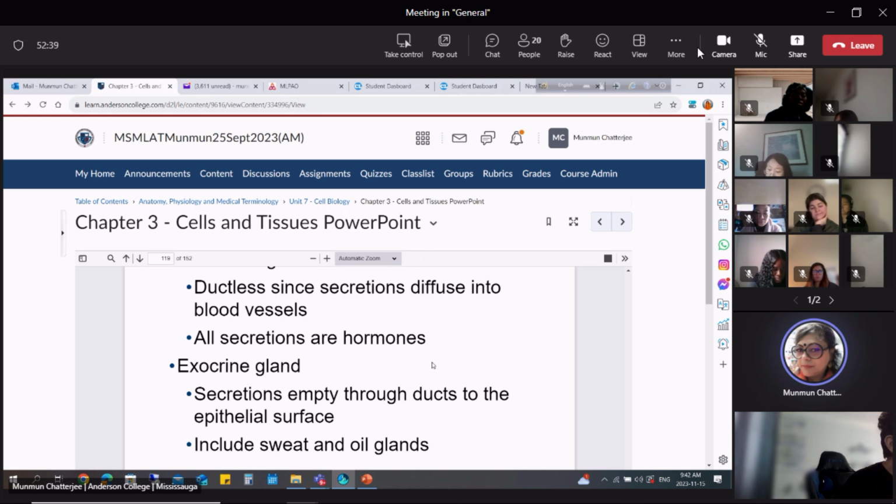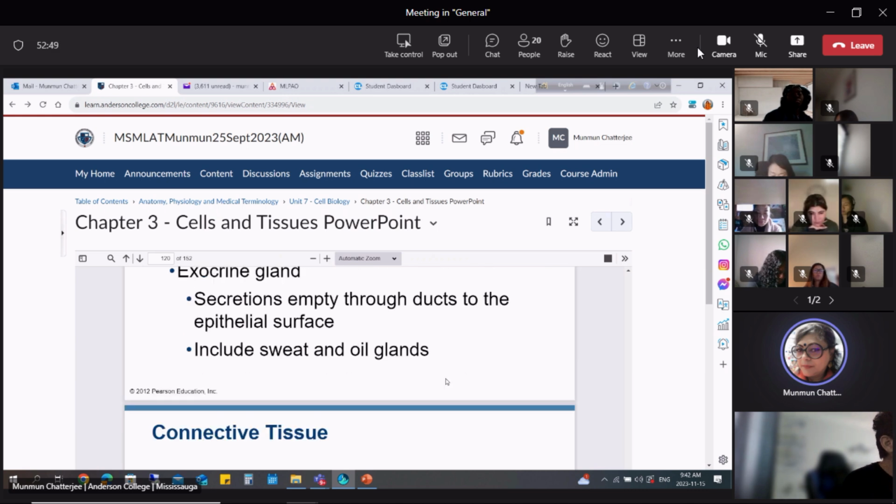I should not say ductful glands, but glands with a duct. So exocrine gland secretions empty through ducts to the epithelial surface. What are those? Sweat glands and oil glands. You secrete sweat, right? You produce oil. Those are glands that put their secretion out through a duct.